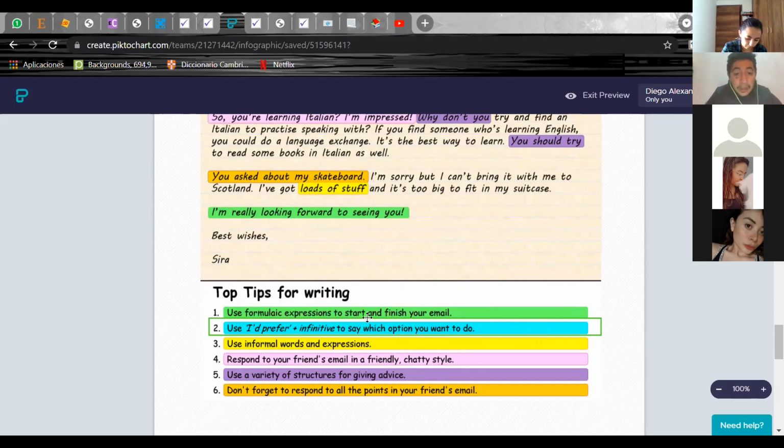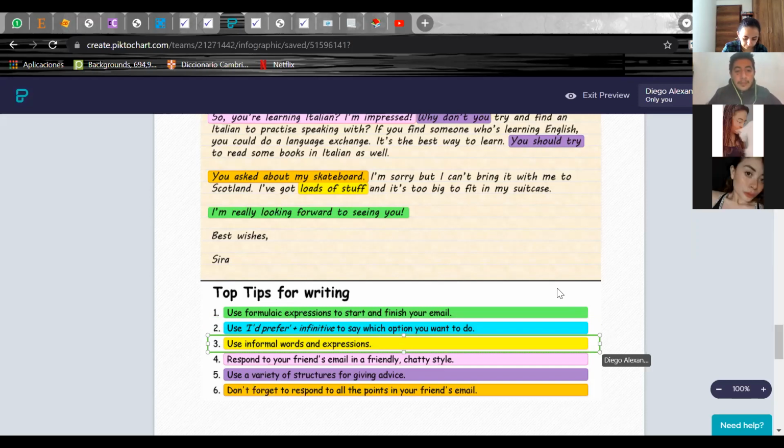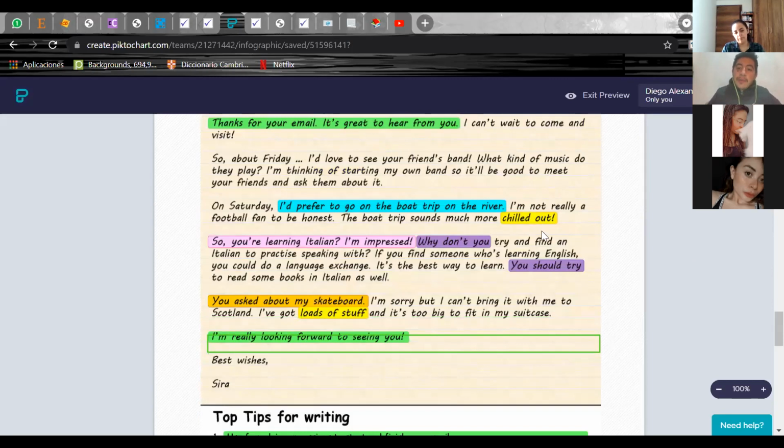Okay, thank you, Miguel. Now we're going to read number three. In this case, Cynthia is going to help me, please. Can you help me reading number three? Yes, teacher. Use informal words and expressions. Okay, so as this is an informal email, we need to use in this case informal expressions. As you can see, chilled out over here, and also lots of stuff.